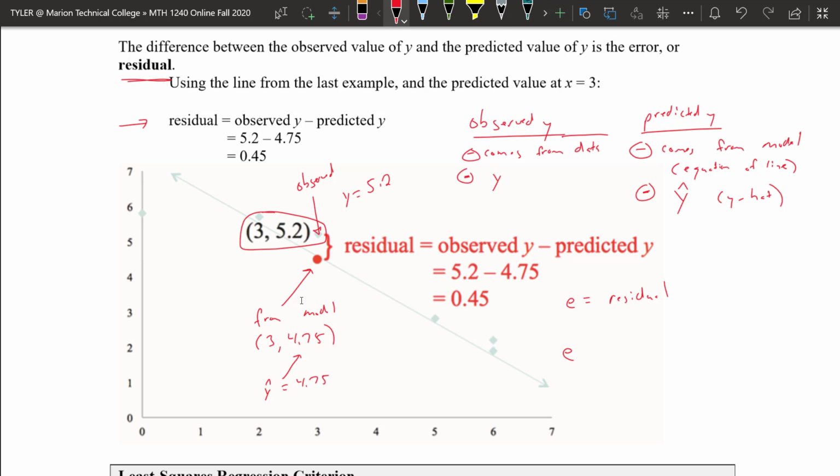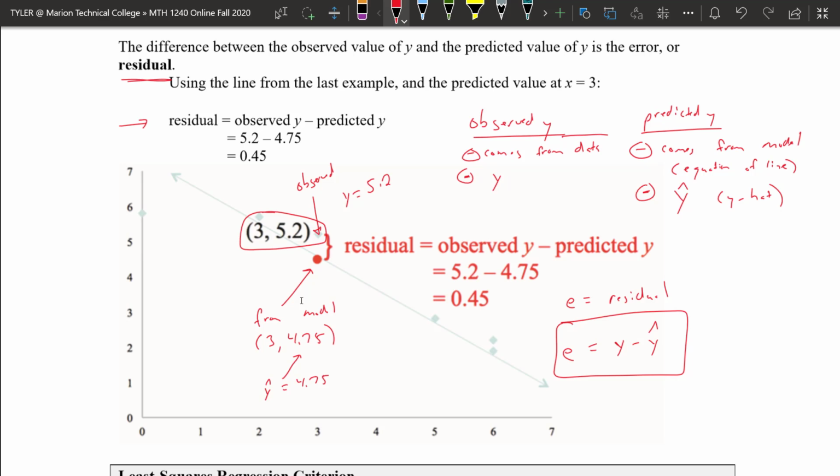An equation for calculating the residual is e equals y minus y hat.